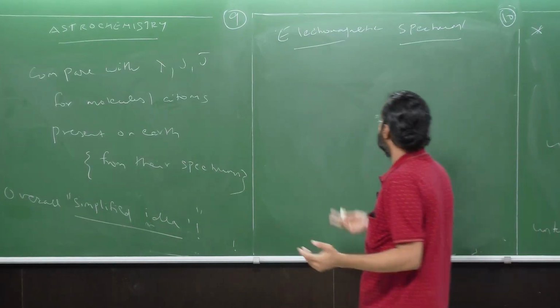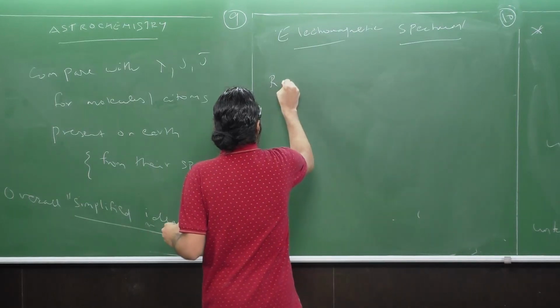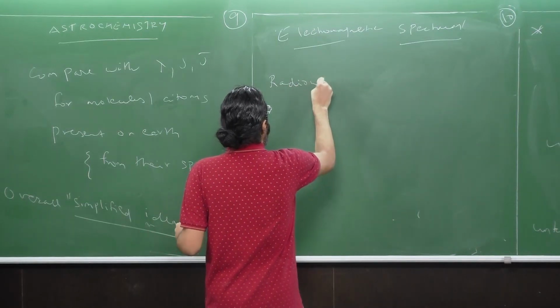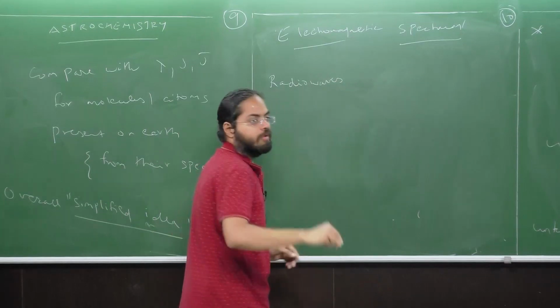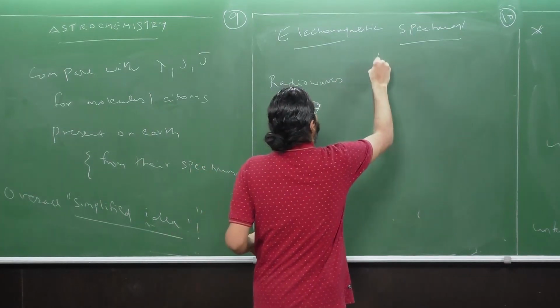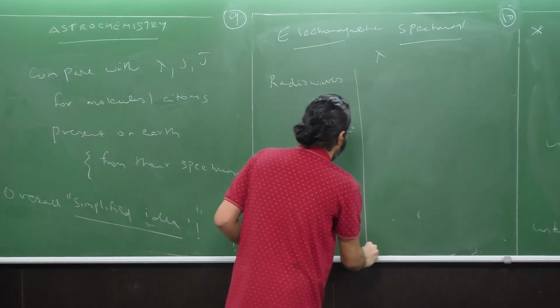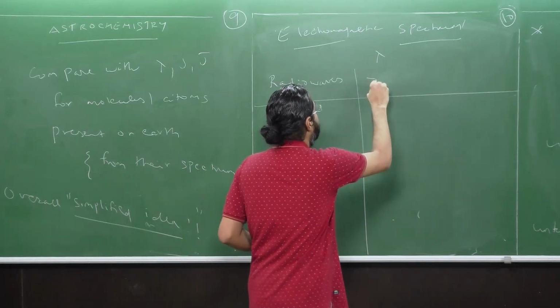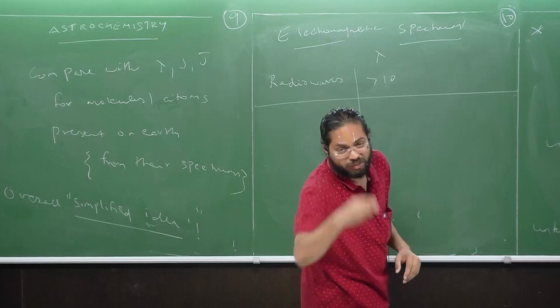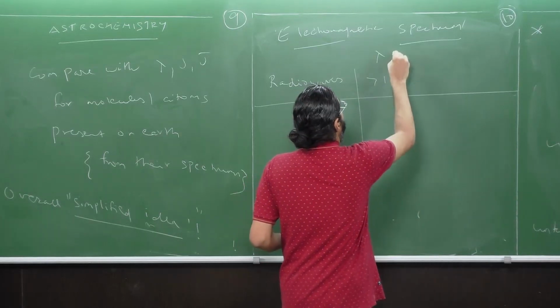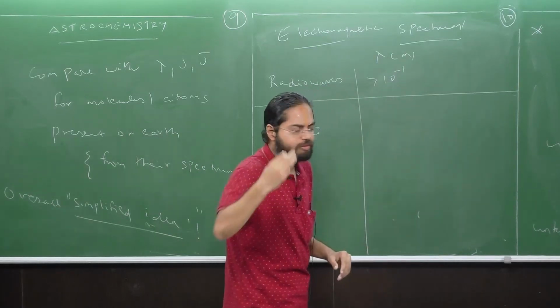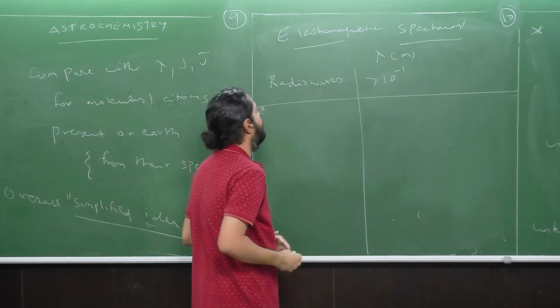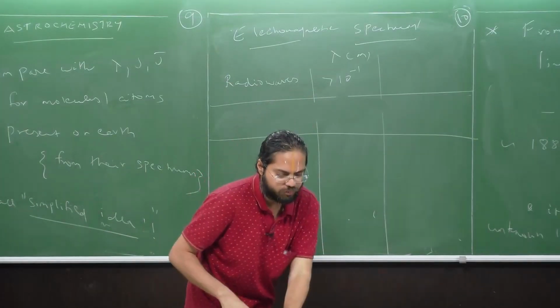Say, for example, there are some waves called radio waves. The wavelength for this region is going to be greater than 10 to the power minus 1 meters. The wavelength is measured in meters. So after radio waves, you have the microwave region.